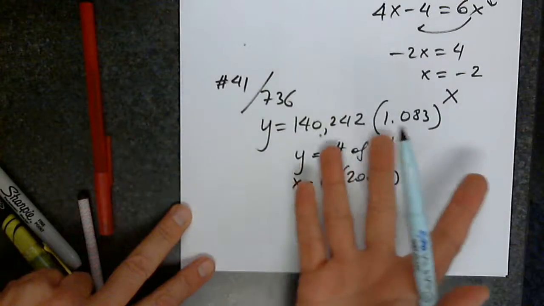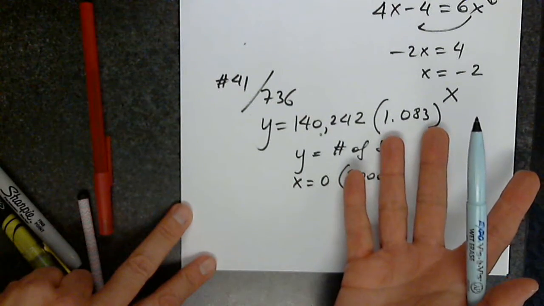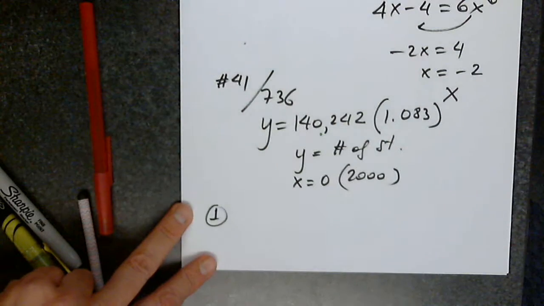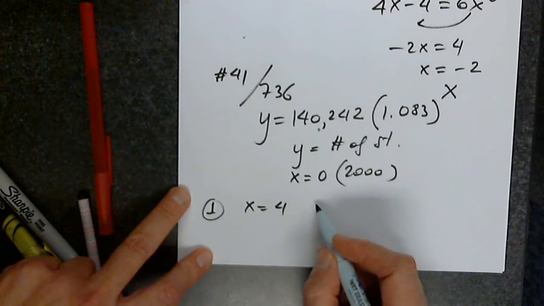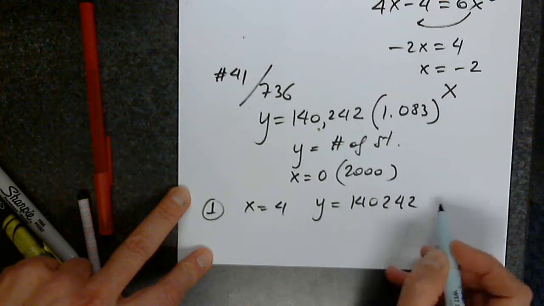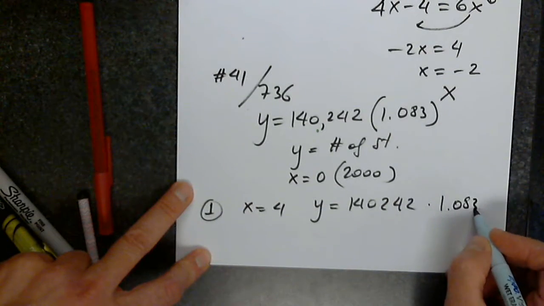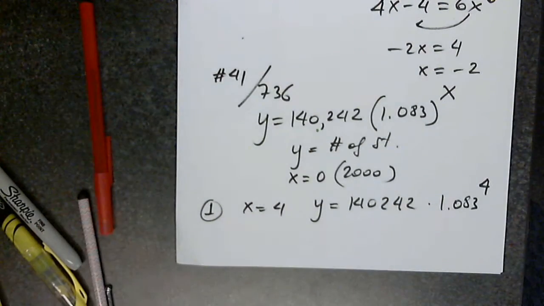First of all, what type of function is this? That's exponential. Very good. Well, that's what we are talking about, correct? So are you just replacing x with 4? Exactly. That's awesome. So y equals 140,242 multiplied by 1.083 raised to the 4th power. So let's do this with a calculator. 140,242 multiplied by 1.083 raised to the power 4.